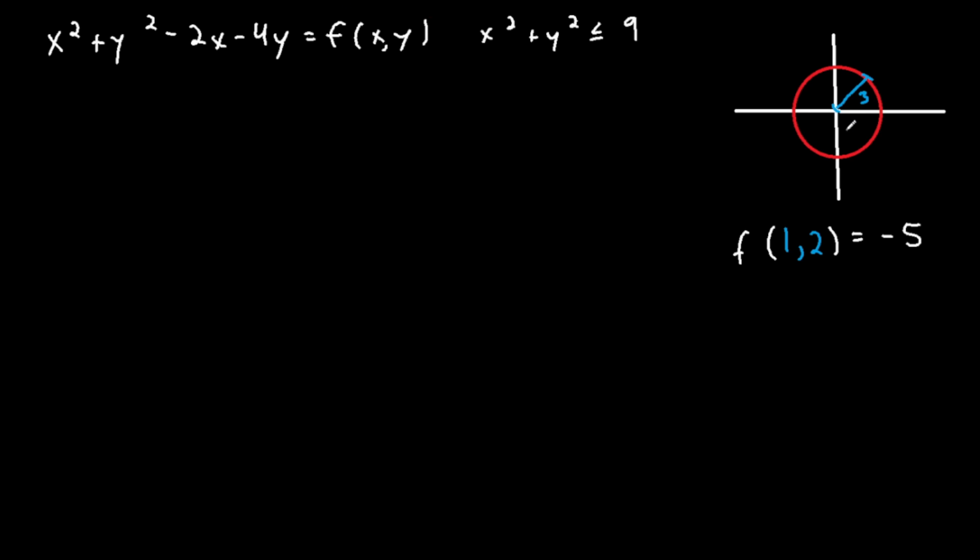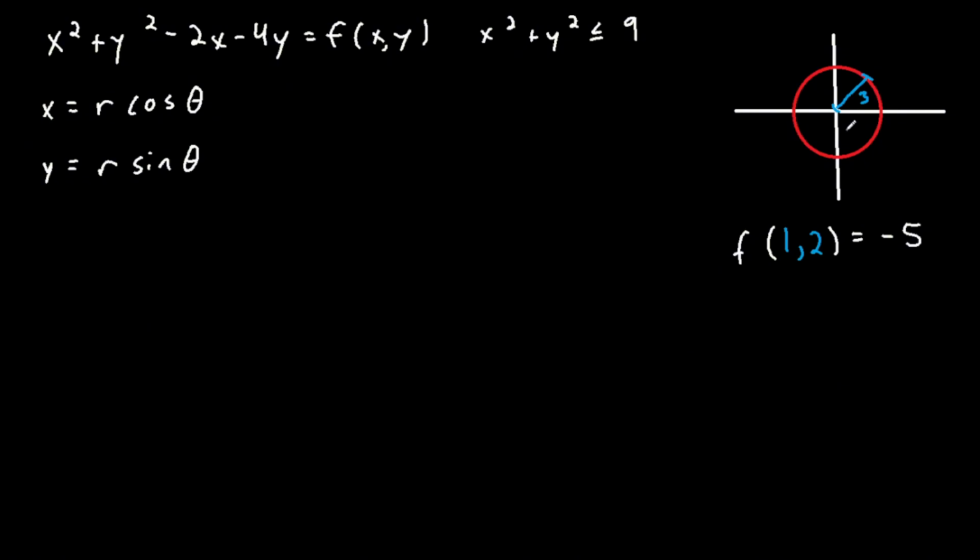And now we have to parameterize. Well, if you have a circle or anything cylindrical, you want to use polar coordinates. Maybe polar coordinates aren't that good, but they're very useful in cases like this. So in polar coordinates, x is equal to r cosine theta, and y is equal to r times sine theta.